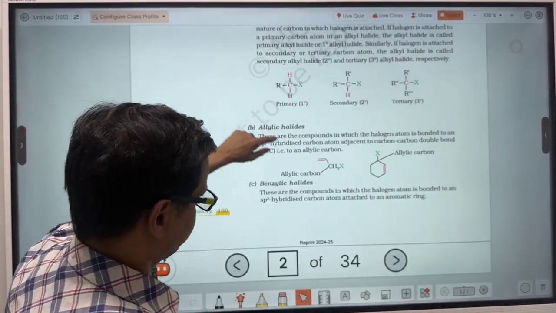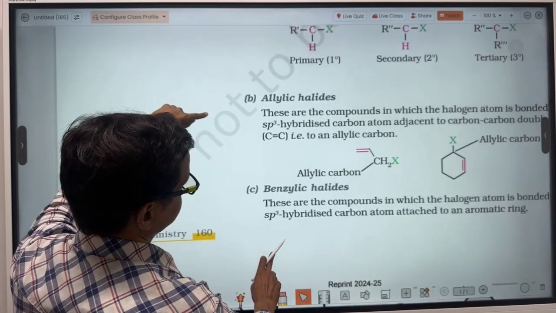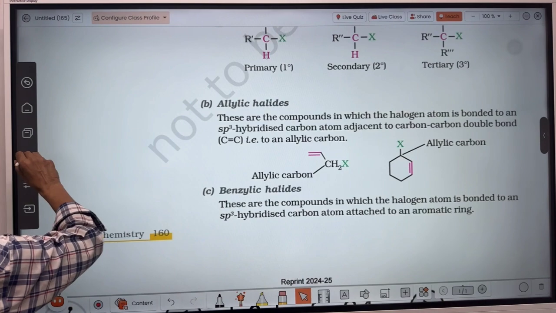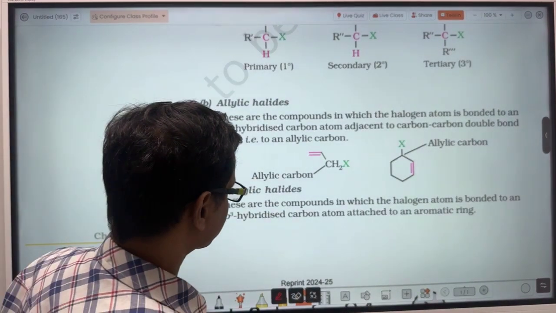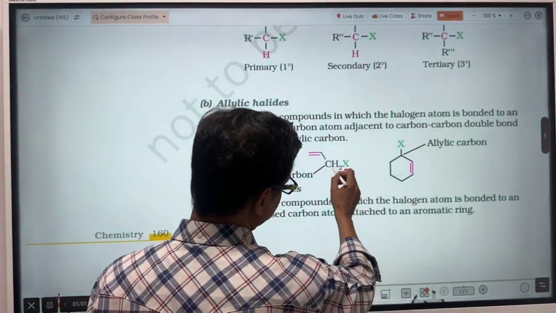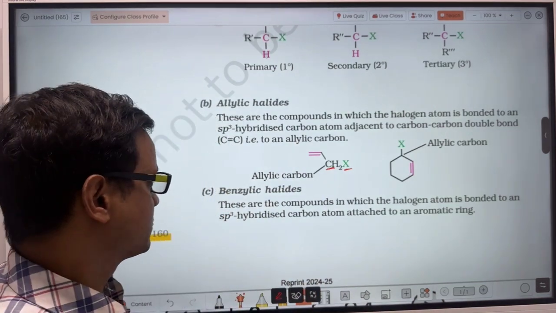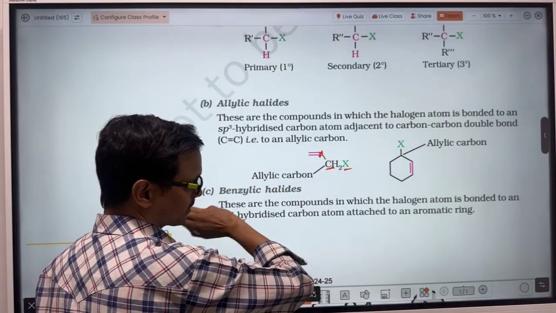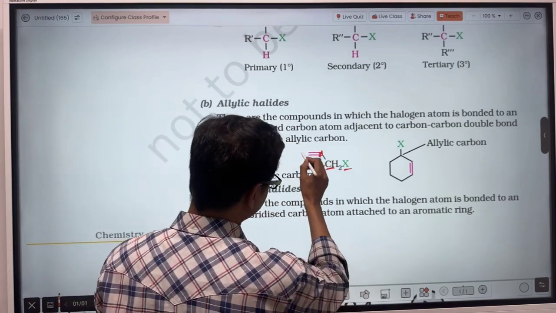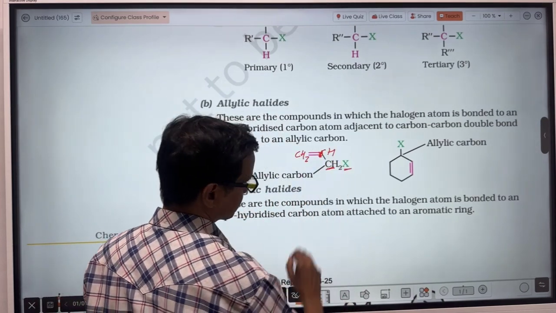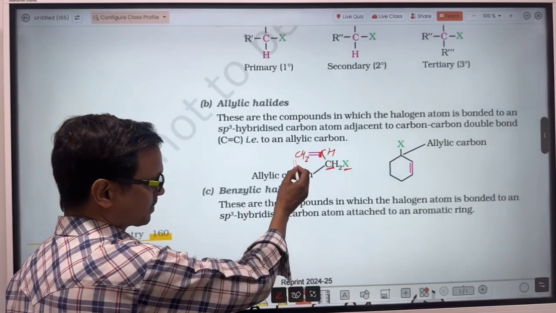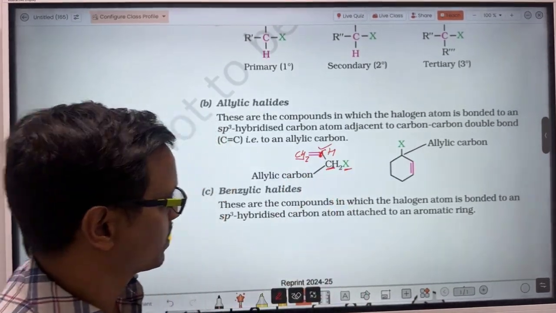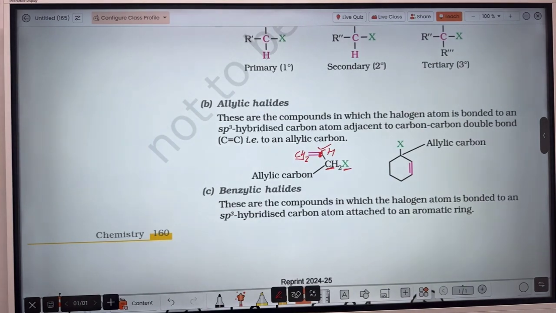Now let's see about the allyl halides. Here, watch out, the halogen is bonded to this carbon, and this carbon is doing bond formation with an unsaturated carbon atom. Actually here the structure is like that, here is CH2 and here is CH. So the hybridization of this carbon atom is sp2, and that of this carbon is also sp2.